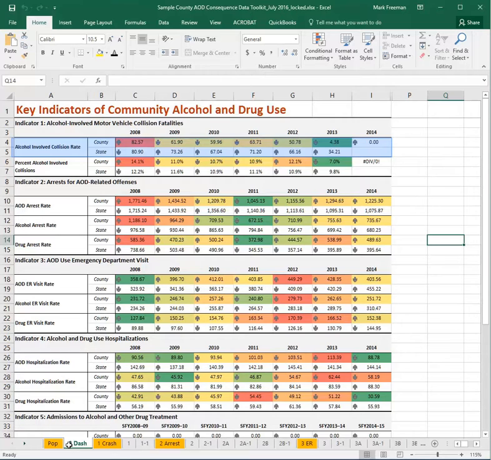We've also included some conditional formatting so that the highest rates will be highlighted red and the lowest rates will be highlighted green. There are also arrows to compare state to county rates. Where the arrow is pointing up, the county rate is higher than the state rate.